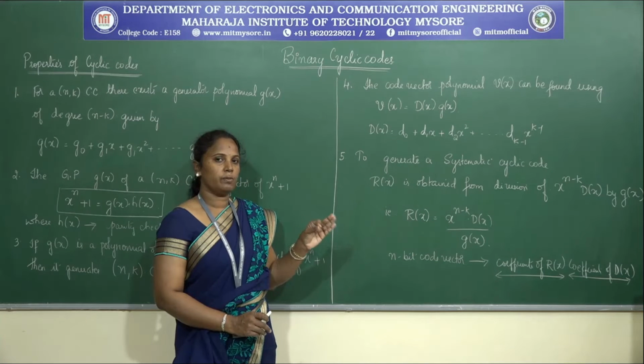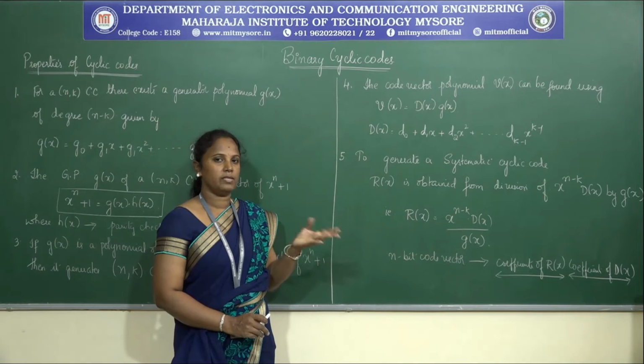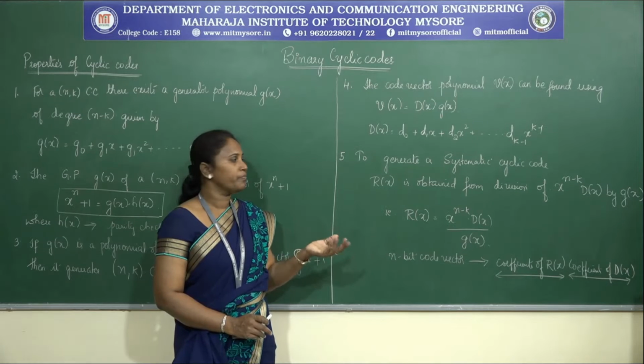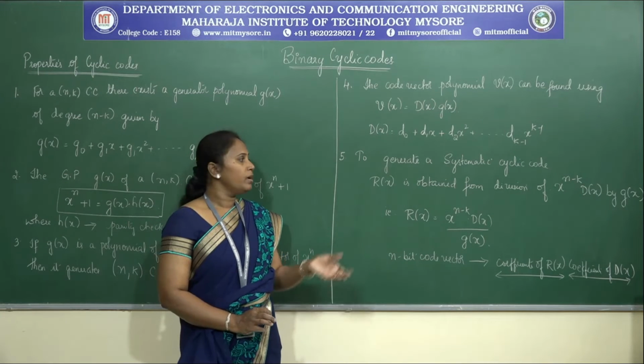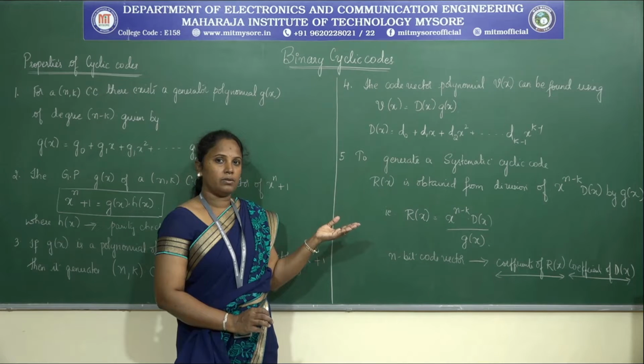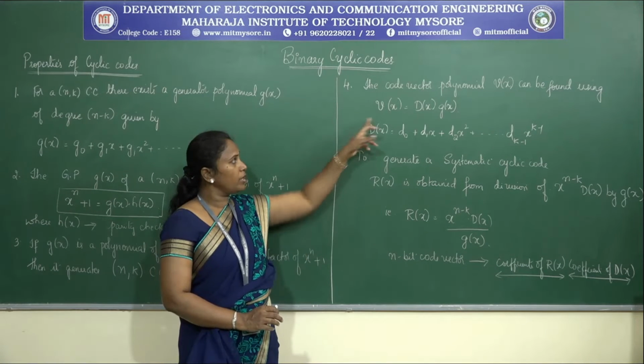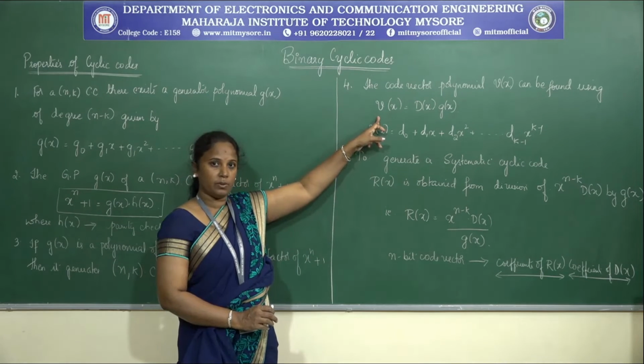If the message vector is not present at the start as well as the end, then we say it is a non-systematic code. So here also we are going to use systematic as well as non-systematic. If your cyclic code is a non-systematic one, then you can find the code vector by using this equation.